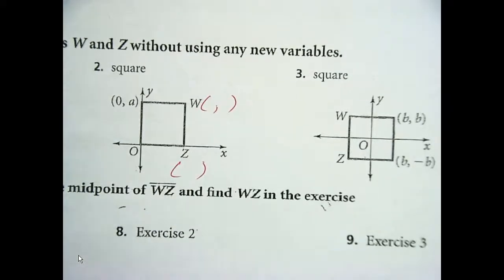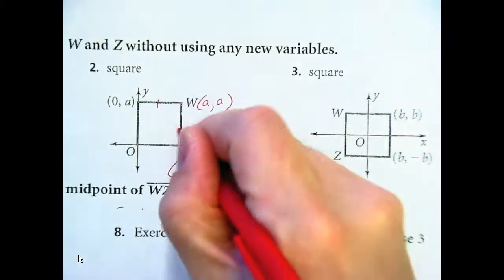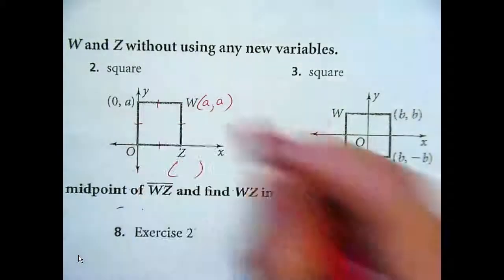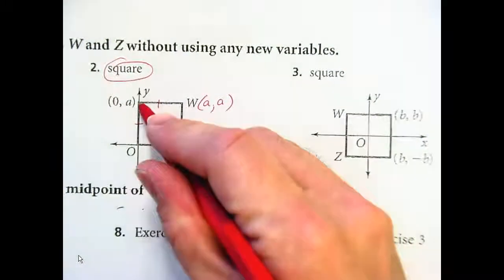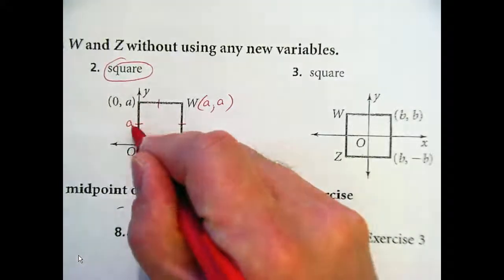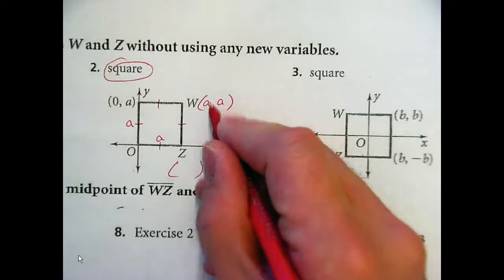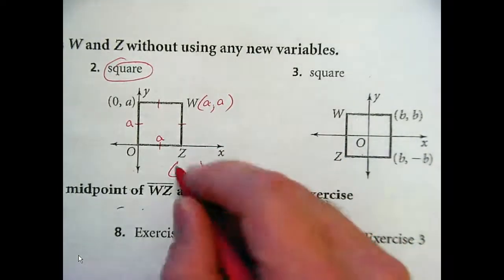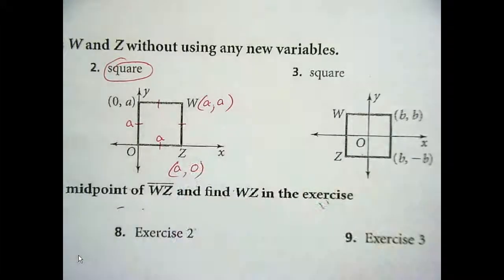We can't use a new variable. Danica. How do you know it's A, A? Good. Keyword there is a square. If it goes up that far, that means this length is A, which means this length is A. So A is that coordinate, which makes this coordinate A, 0. Okay? Good job.